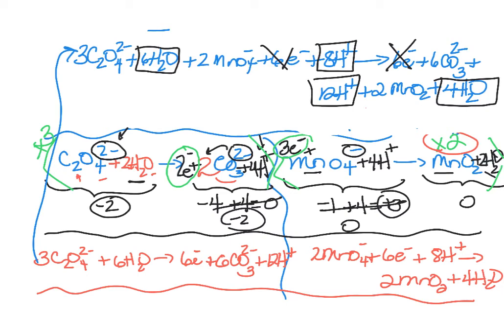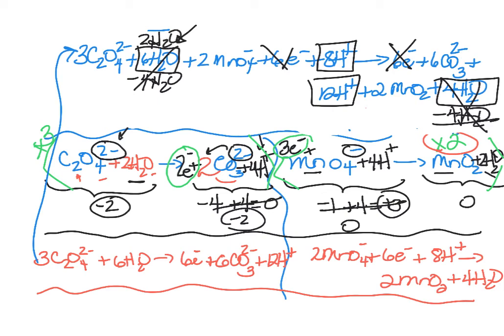So find the side that has more of them. So in this case, we have more water molecules on the reactant side. So we're going to subtract 4 water molecules from each side, which makes them go away on the product side. And 6 minus 4, so I'm going to end up with 2 water molecules on the reactant side.